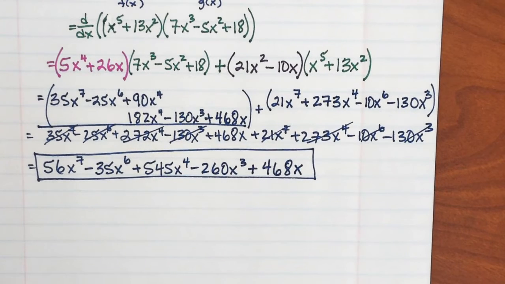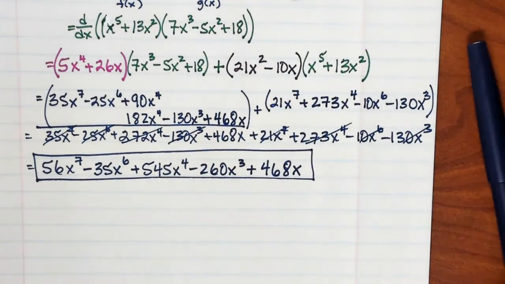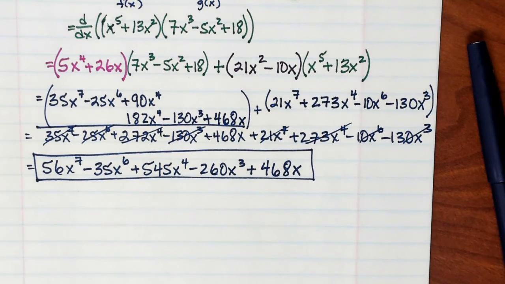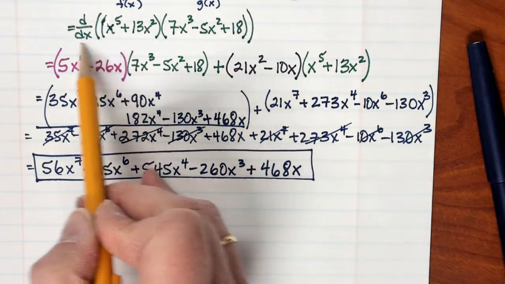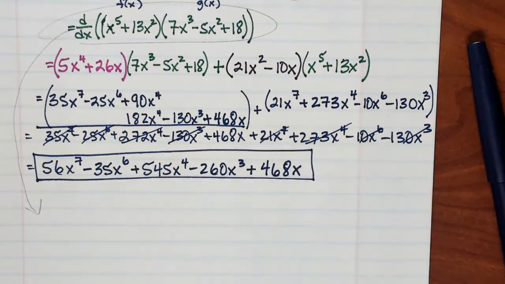We found the derivative. Now, just for grins, when you're doing your homework, you're going to do it this way. But just for grins, let's take this part of the problem where we wrote the two functions that we were going to multiply. So I'm just going to take this and I'm going to come down here.